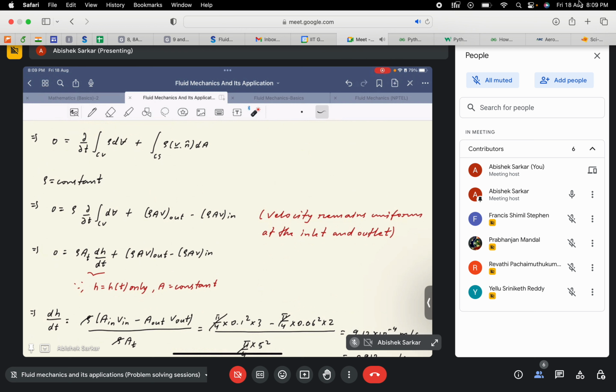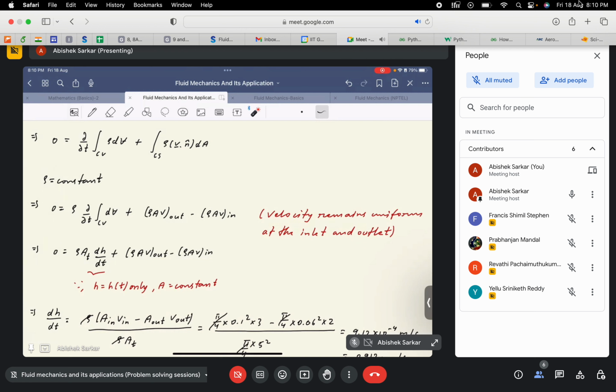So we are saying that since density is constant, it will be independent of this spatial integral as well as this time derivative. So it can be taken out of the derivative and integral as well. Then this term basically becomes the integral over our control volume, so we can say that this is equal to the volume of the tank.